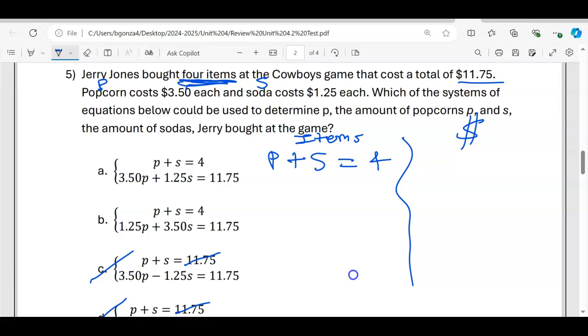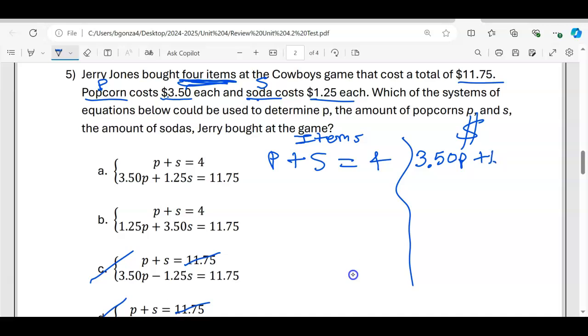So popcorn, it says, is 3.50 each. So when I write my popcorn equation with money, it's going to be 3.50P plus, and then my soda is going to cost 1.25 each.